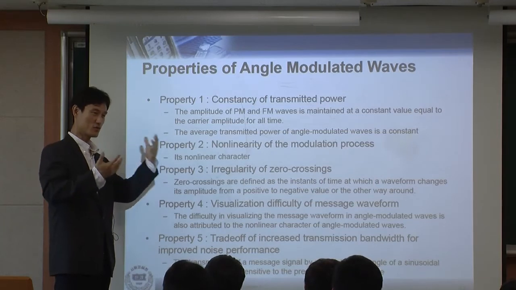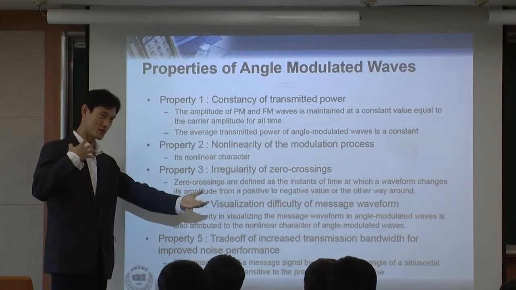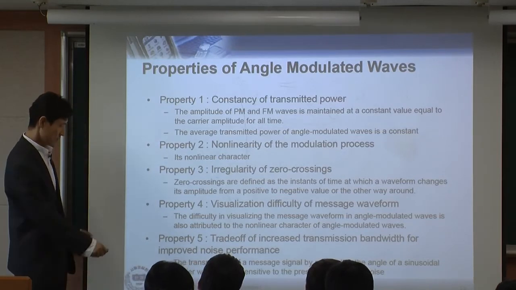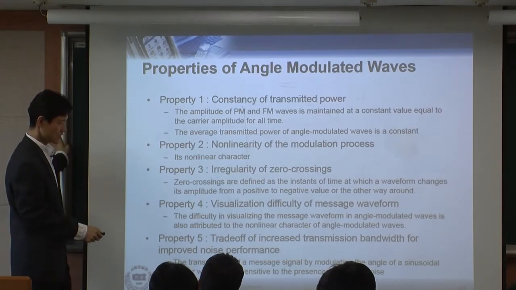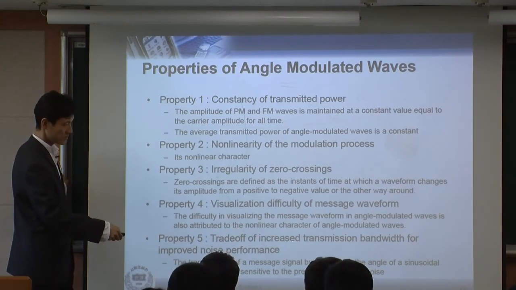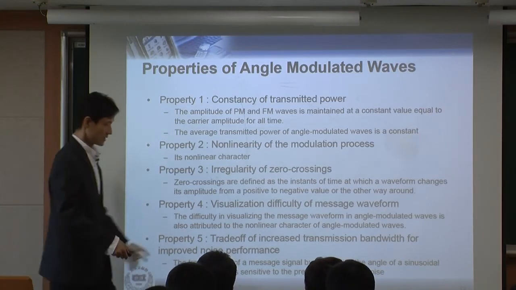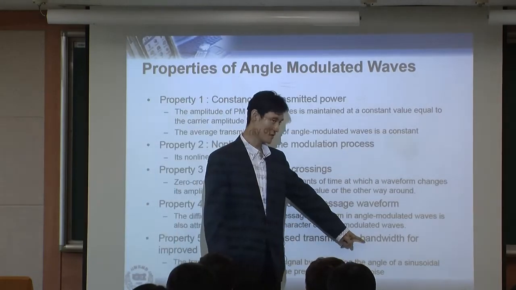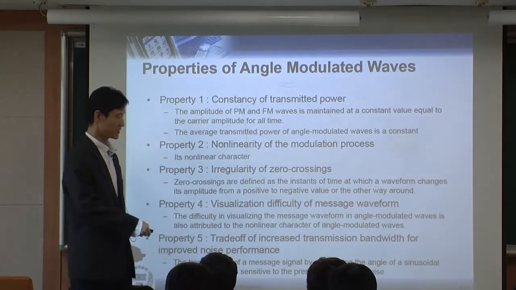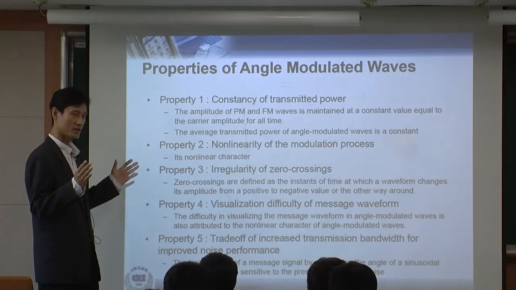You can sometimes lose this one, then you are going to get another one. That's a trade-off. So what this angle modulation does is trade off by increasing the transmission bandwidth. Is this good or bad?